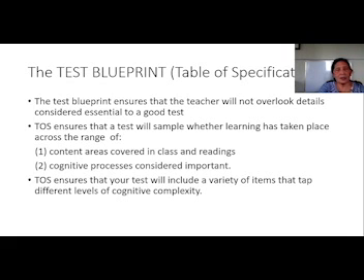So in other words, the content of what you had taken up within a given period is indicated in the TOS. Aside from the content, you have to include the cognitive processes considered important.